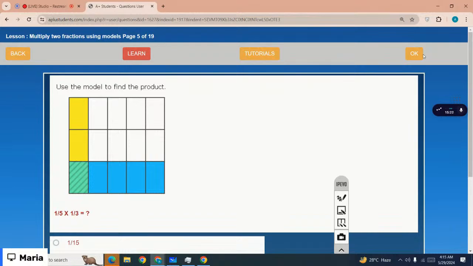The next one is 1 by 5 times 1 by 3. So which is the correct option?